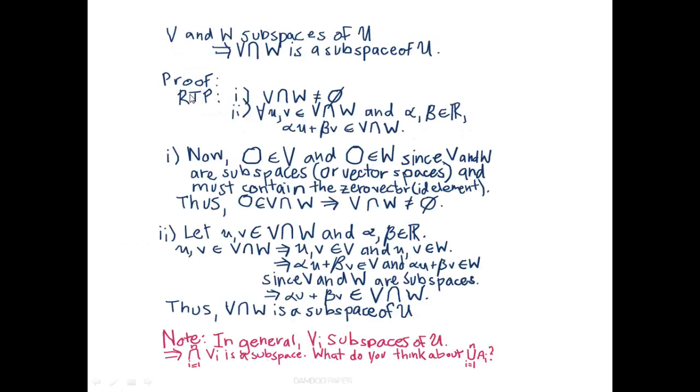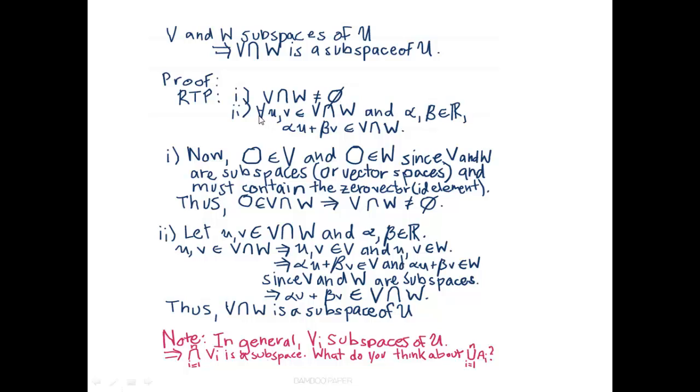Proof. What are we actually required to prove? It's very important that you know what you want before we go for it. So number one, we want to show that V intersection W is non-empty.